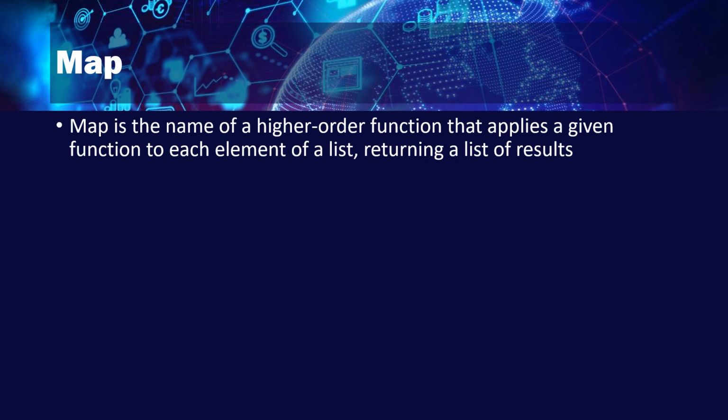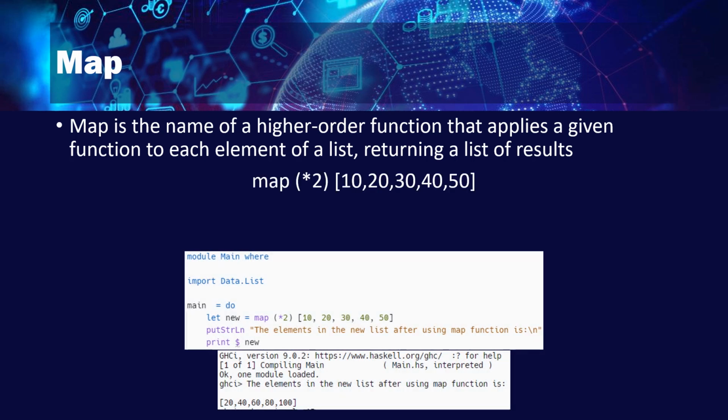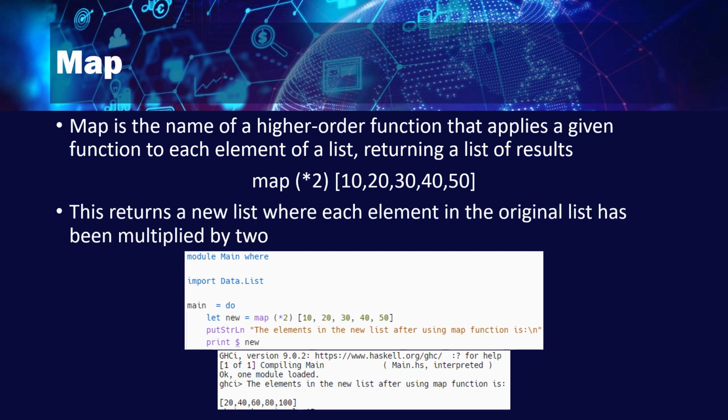Map is the name of a higher order function that applies a given function to each element of a list and returns another list. Map times 2 to the list 10, 20, 30, 40, 50, for instance, will return a new list where each element in the original list has been multiplied by 2.